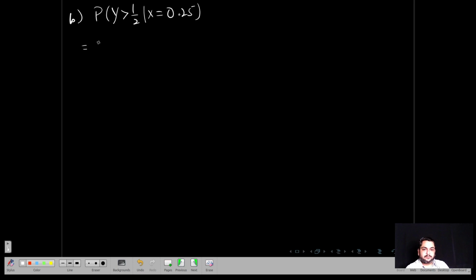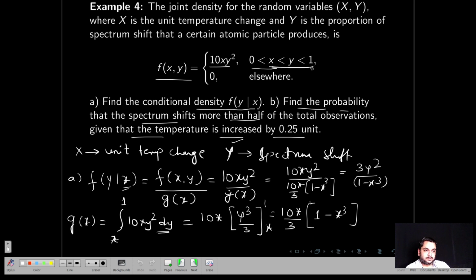So again, this is f of 1 by 2. What is the maximum value of y? Maximum is 1, since y is greater than x and less than 1.